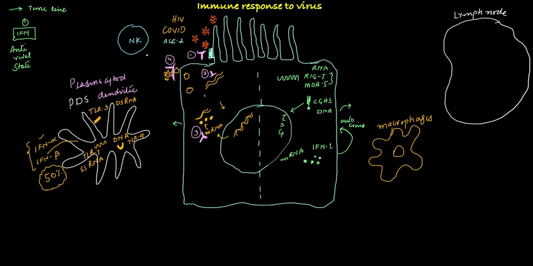One of the methods by which they detect is the absence of MHC class 1. So all nucleated cells express MHC class 1, which will present the protein of a virus, and as long as MHC class 1 is expressed on them, these natural killer cells are inhibited, they are not going to be activated.